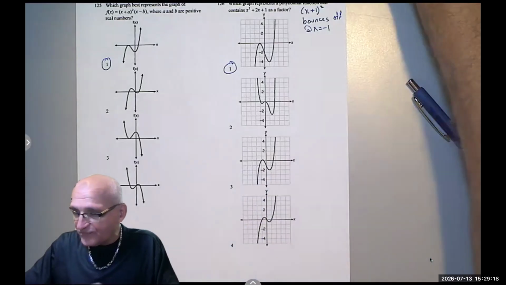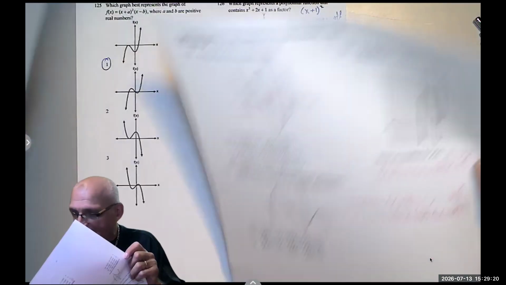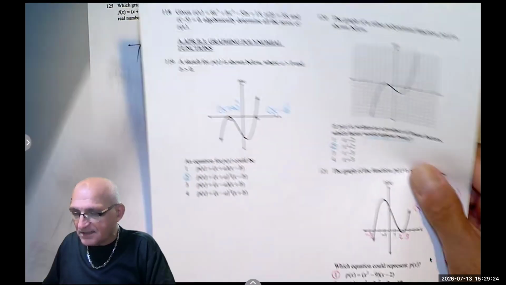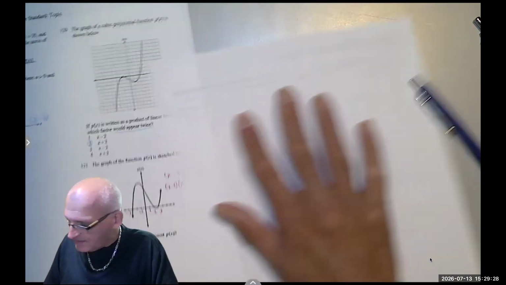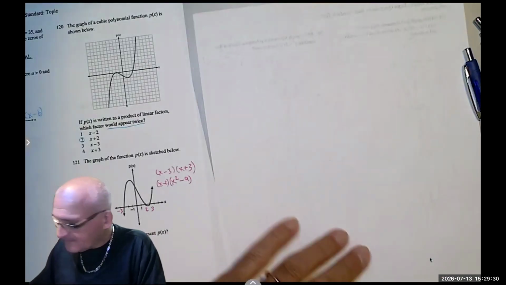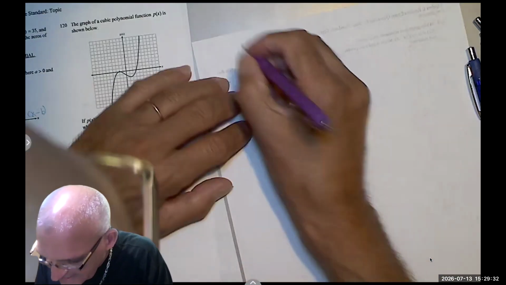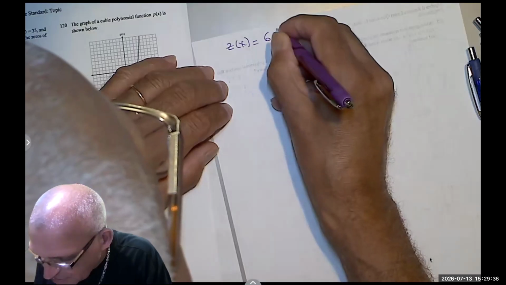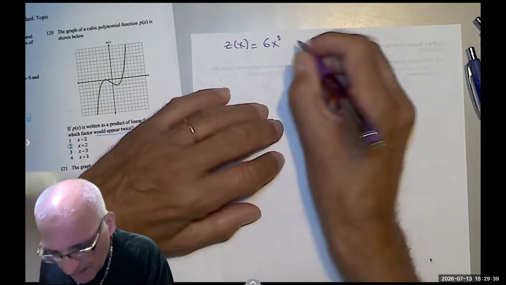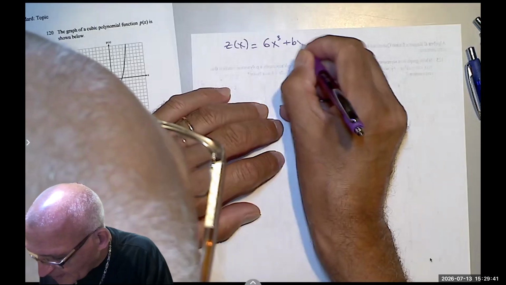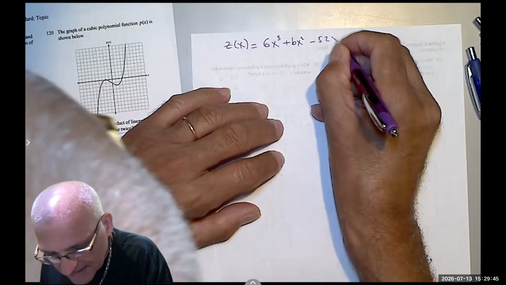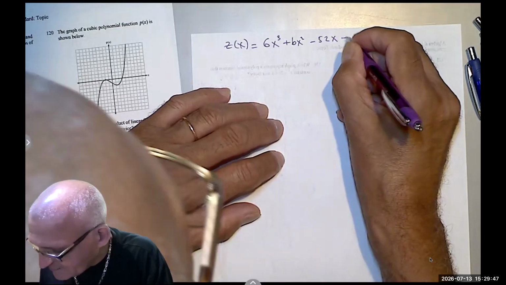I told you the first one, I will talk about it later. So maybe if I solve it on the back here, let's look at this one. It says z of x equals 6x cubed plus bx squared minus 52x plus 15.